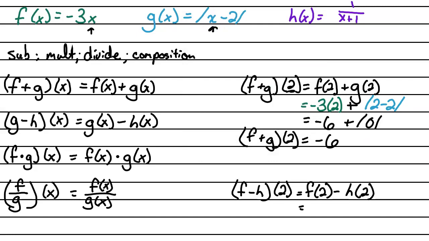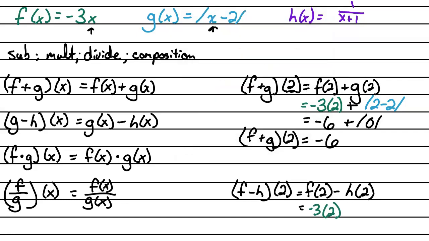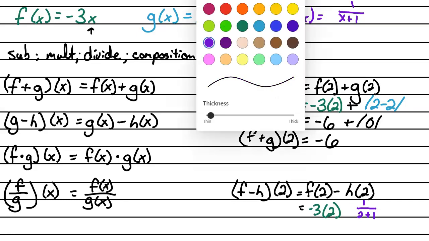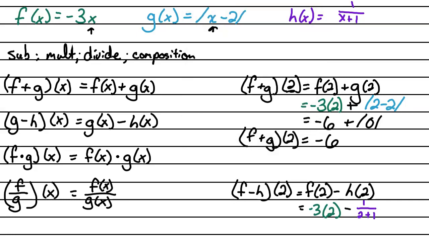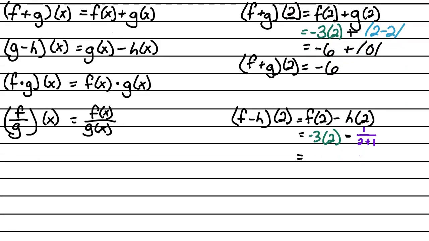So I would have negative 3 times 2, and for h, 1 over 2 plus 1, and I would be subtracting these two. So I would get negative 6 minus 1/3.